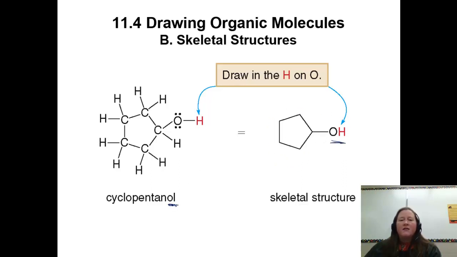This is an alcohol. It ends in ol. It's a cyclo structure. There are 5 carbons, and the prefix for 5 is pent. This is a cyclo, 1, 2, 3, 4, 5, pent. And since it's an alcohol, ol, cyclopentanol.